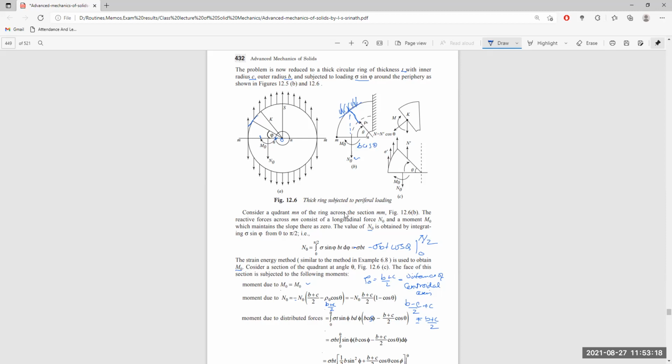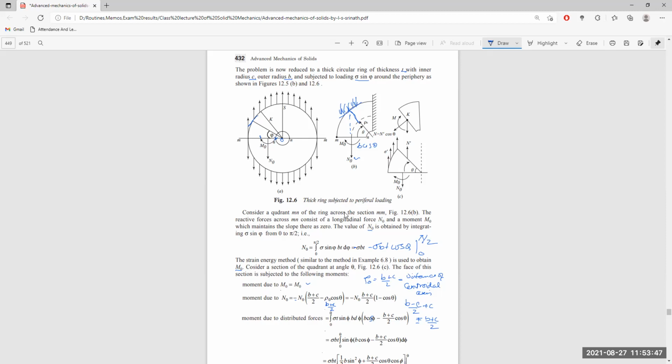As we are taking all the moments along the centroidal axis, here (b plus c) divided by 2 is the radius, the distance of this point on the surface from C0, minus the distance of the center of gravity, which is (b plus c) by 2, both multiplied by cos theta itself. Here b cos phi is the elemental distance.